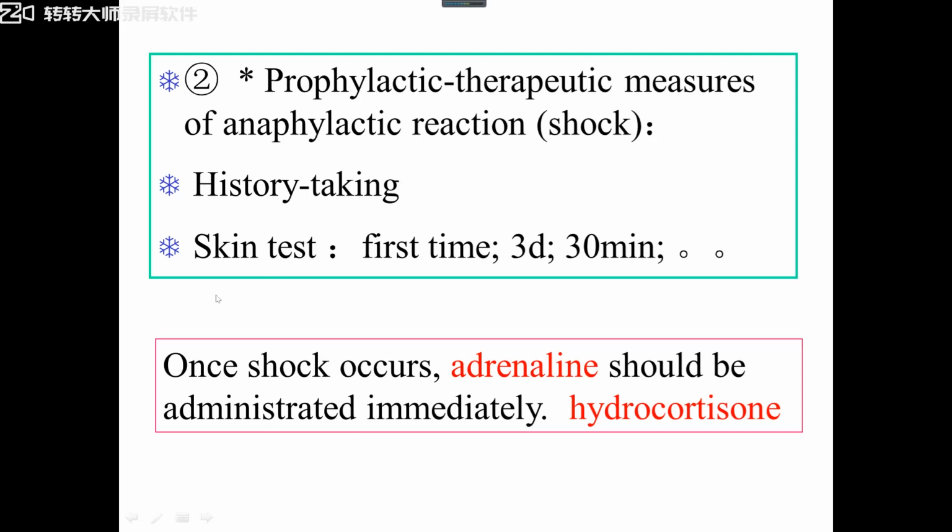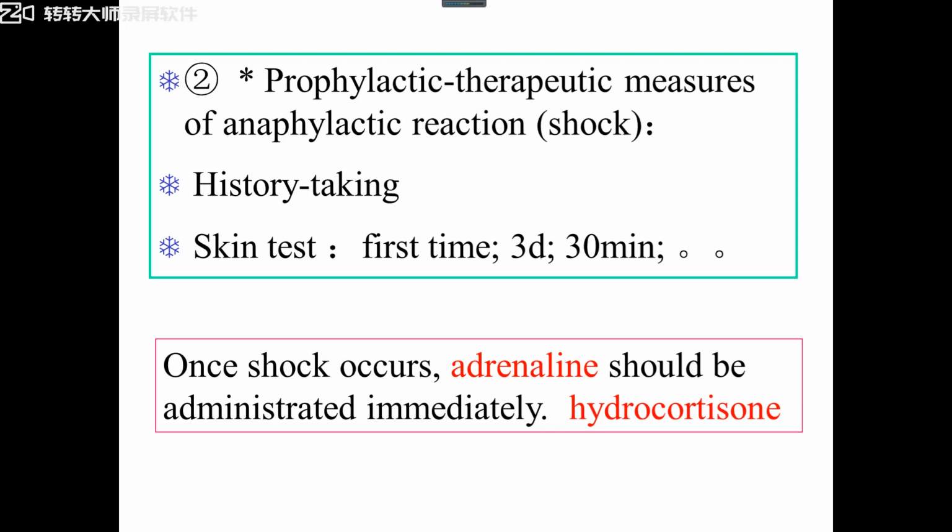But still, some patients still have allergic reaction. Once allergic shock occurs, do you remember the first choice agent? It is adrenaline. Adrenaline should be administered immediately. So we must remember to inject adrenaline subcutaneously to save the life as the first choice agent.